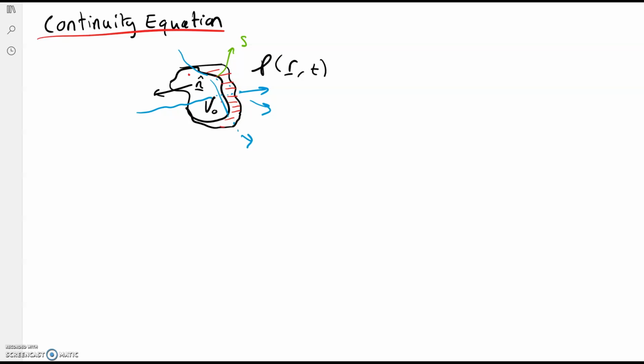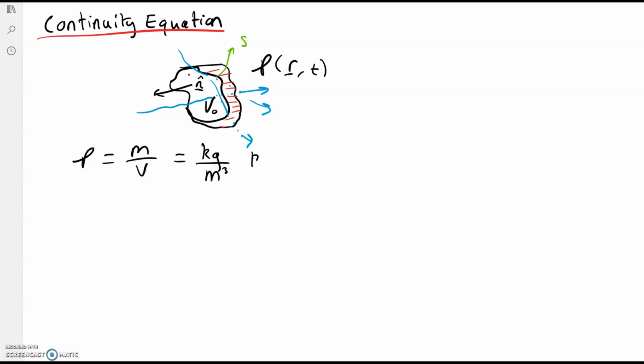And so what we want to find out is, what is the mass of this volume element here? As we know, we generally have the formula density rho is equal to mass divided by volume, where density has the units kilograms per meter cubed.